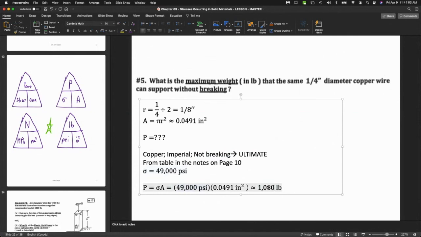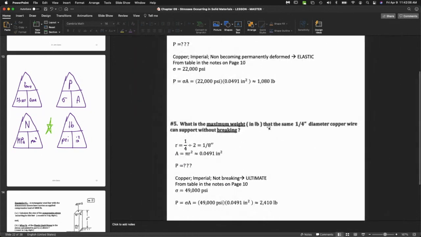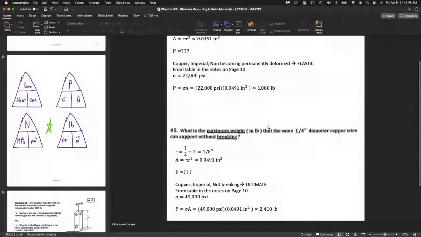And that takes us to 2,410 pounds. And this is a good place to stop our lesson because it leaves us on the precipice of something interesting. See, the material can handle 1,080.